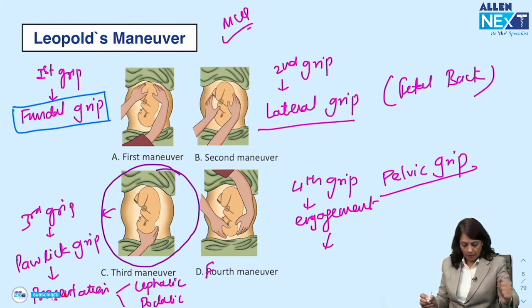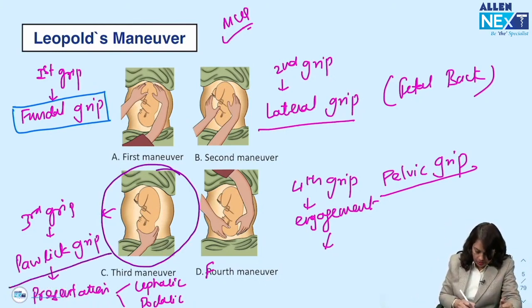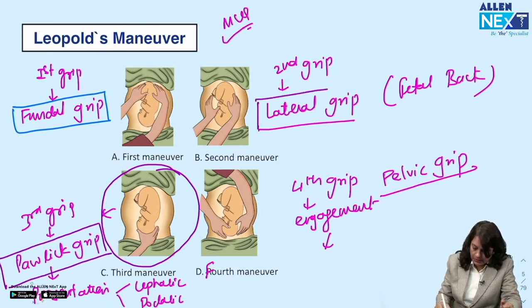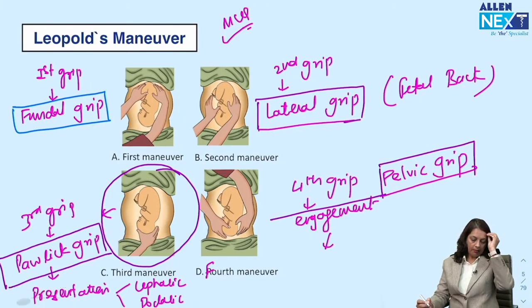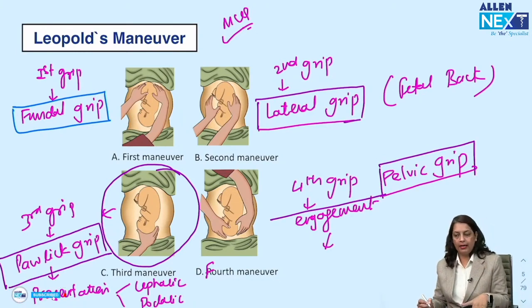So your answer is pollic grip. So the third grip is the pollic grip, the second grip is the lateral grip, and the fourth grip is the pelvic grip. When you apply these grips 1, 2, 3 and 4 to describe the lie and presentation, this maneuver is called Leopold's maneuver.